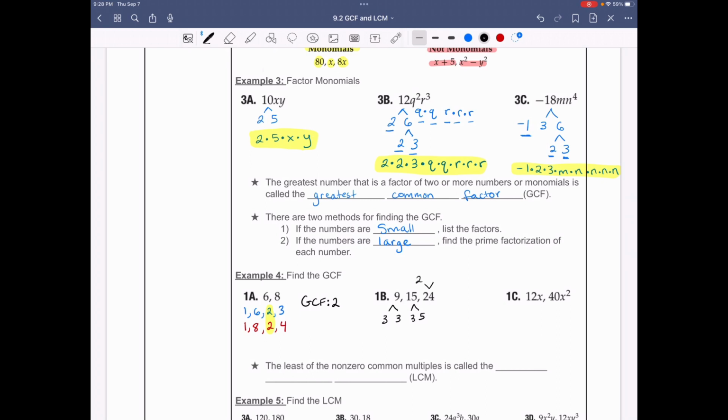We have 2 times 12, and we have 2 times 6, and we have 2 times 3. So they all have a 3 in common, and that's the only thing that they all have in common. So the greatest common factor is 3.